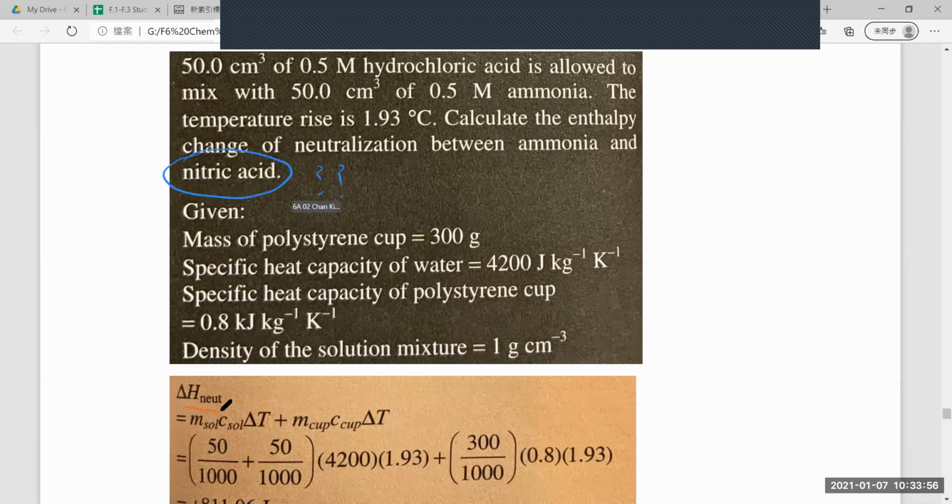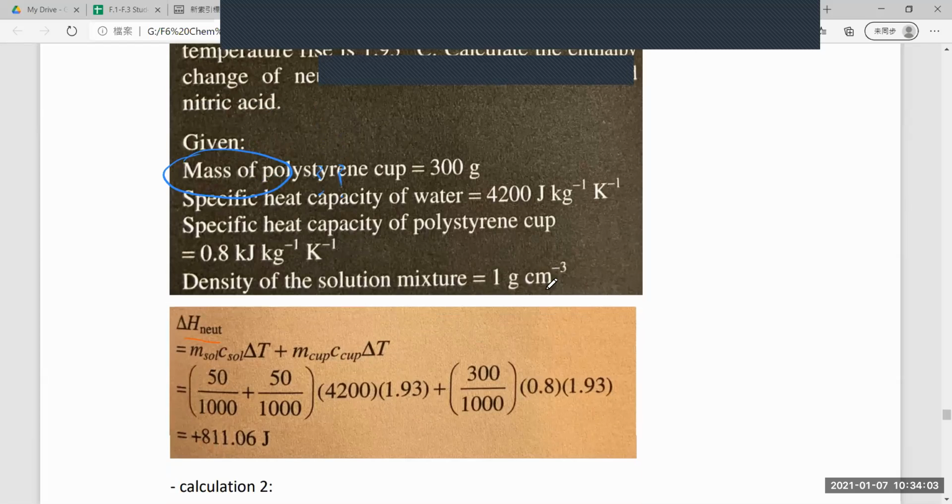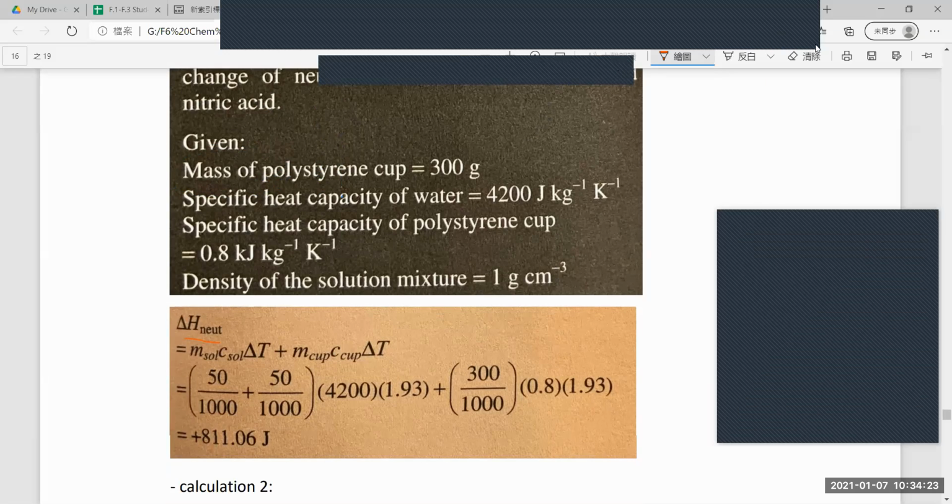What's next is to take a look on the calculations. They want to take into account any heat absorbed by the polystyrene cup. Do you realize?